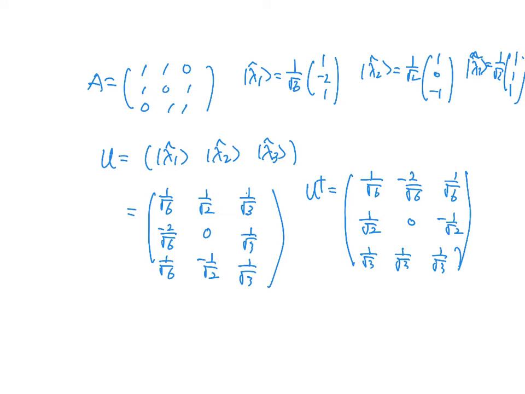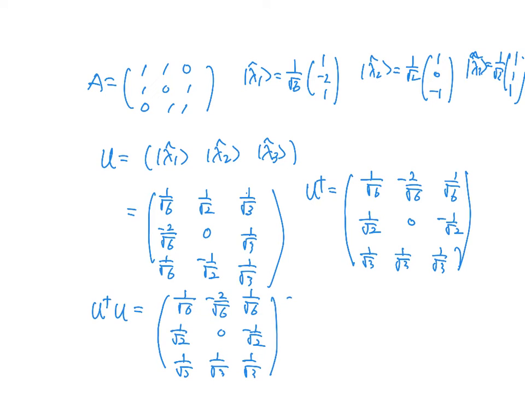Because the adjoint is different from the original one. But multiply them together. Let's see what happens.